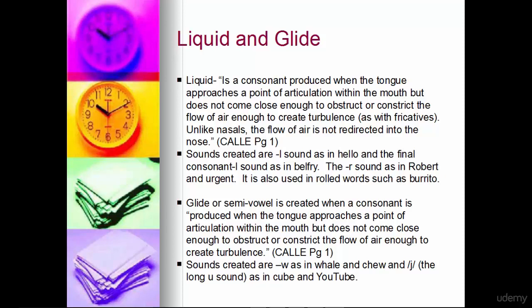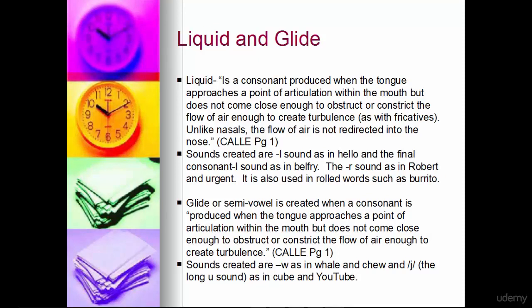And unlike nasal, the flow of air is not redirected into the nose or nasal cavity. And this would be like the L sound, or the R sound in Robert and urgent. These are also rolled sounds or trills, such as burrito.